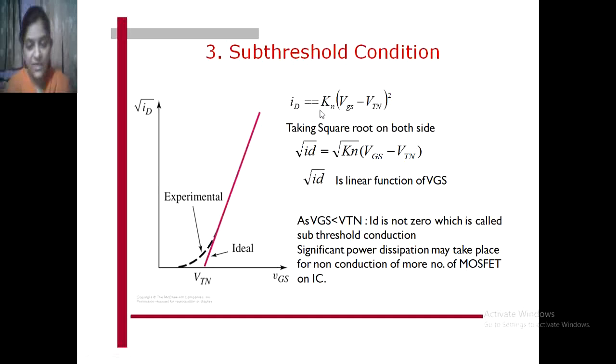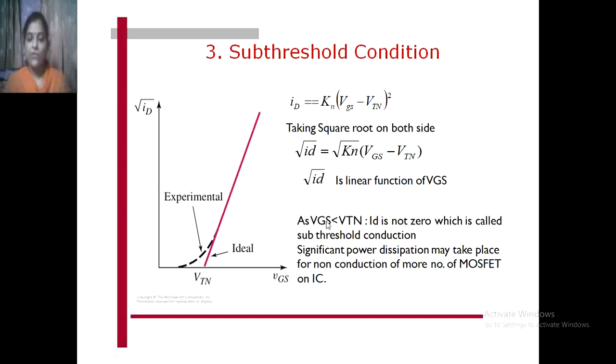ID is equal to Kn into (VGS minus VTN) squared. Taking the square root on both sides, we get root of ID equal to root of Kn times (VGS minus VTN), the square gets cancelled. So root of ID is a linear function of VGS.